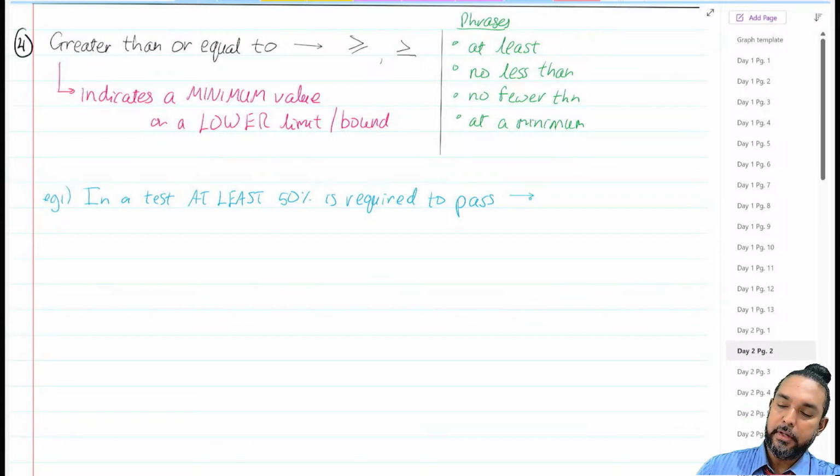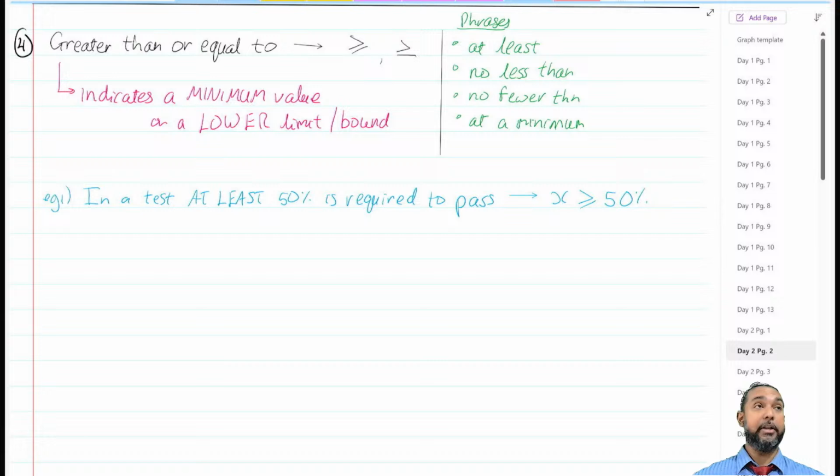So let's call the score X. So X has to be greater than or equal to 50%. So can X be 50 and you will pass? Is that true? Yes. Or 51, 52, 60, 70, right. Could X be 49 for a pass? No. All right.